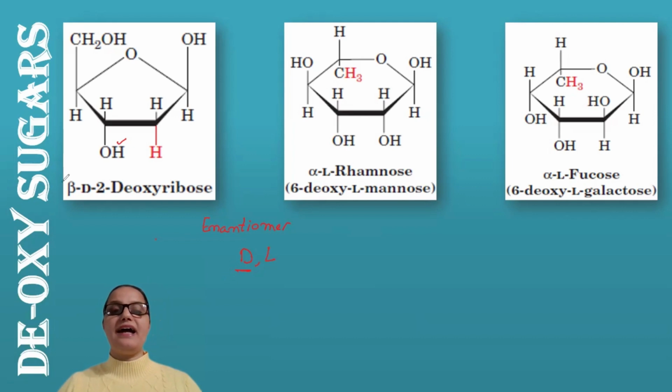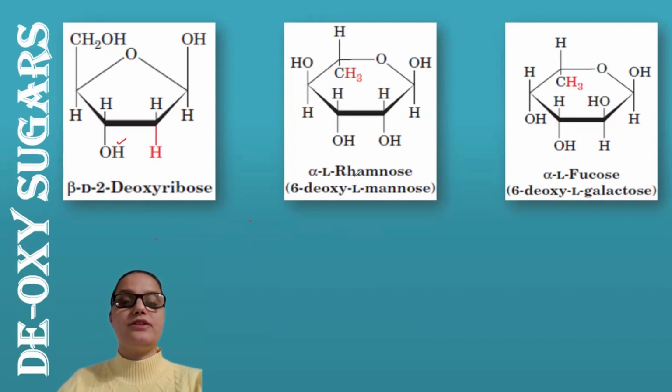And when the hydroxyl group on the chiral carbon farthest from the carbonyl group is towards the left, then that enantiomer will be called the L form. Most of the monosaccharides in nature are in the D form. Wherever they are present in the L form, they generally exist in the form of their derivatives only.